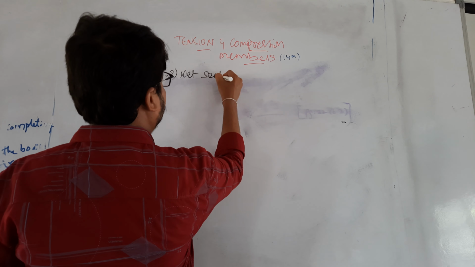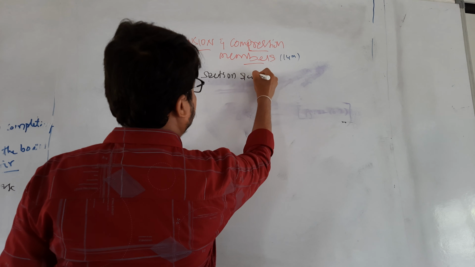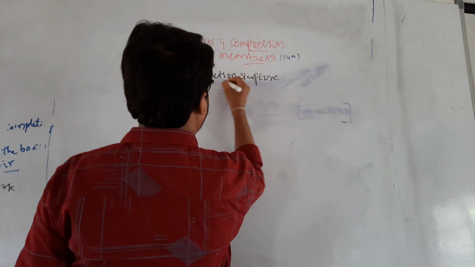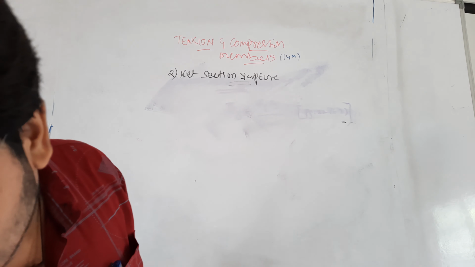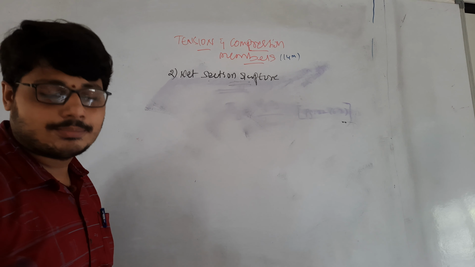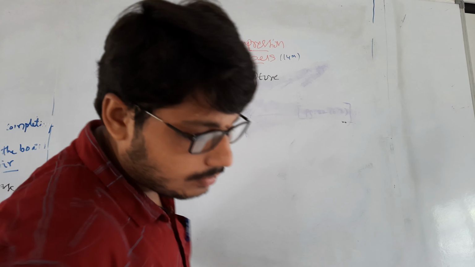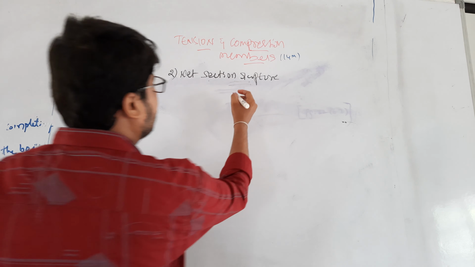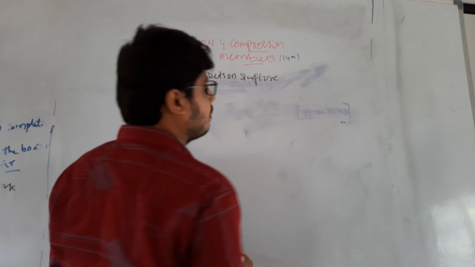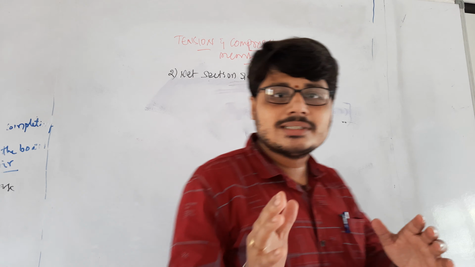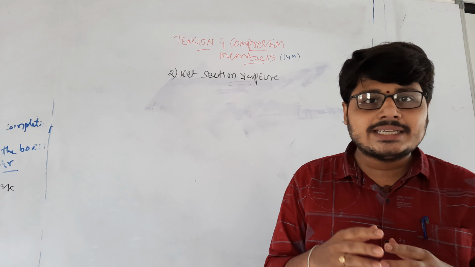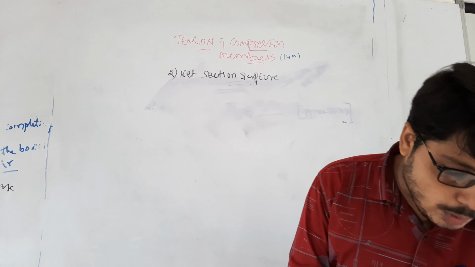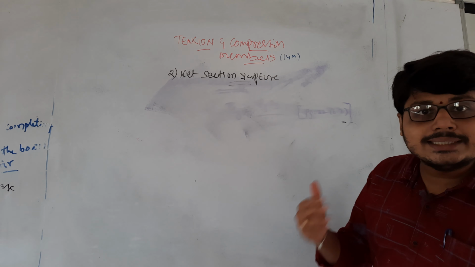Net section rupture occurs when the tension members are connected by bolts or by other members.